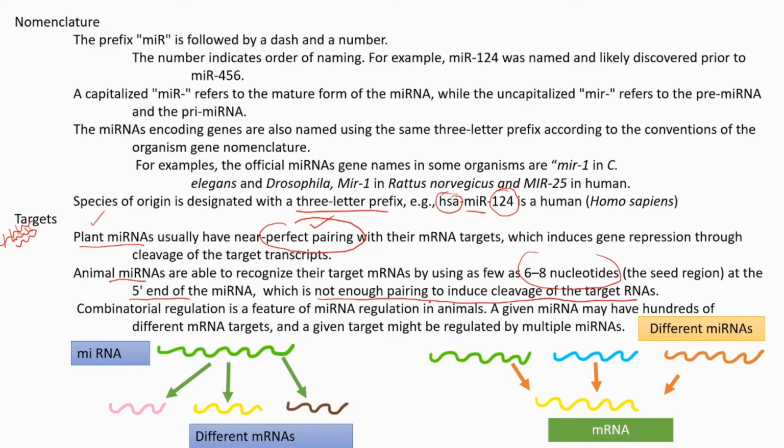So that's the condition in the case of animals. That length of pairing is not enough. So in animals, miRNAs show a combinatorial regulation, meaning a combined pattern. Look here in this picture. This is one miRNA, and the same miRNA can act on 3 different mRNAs.